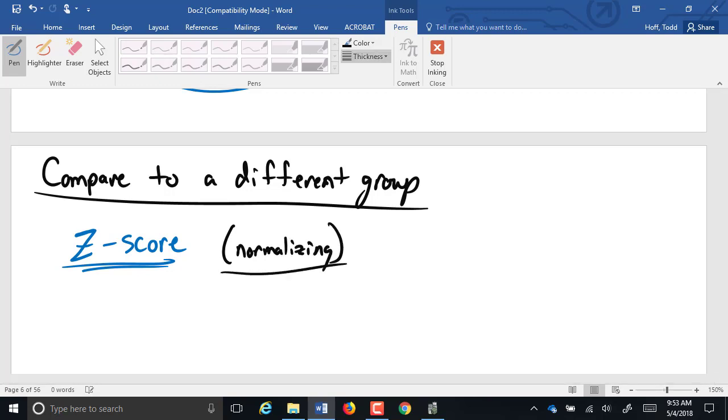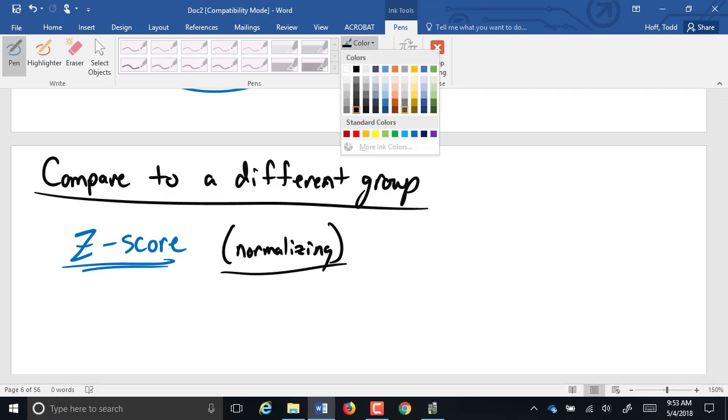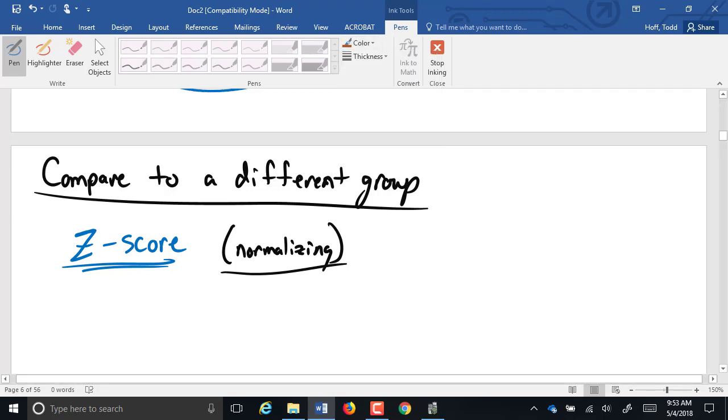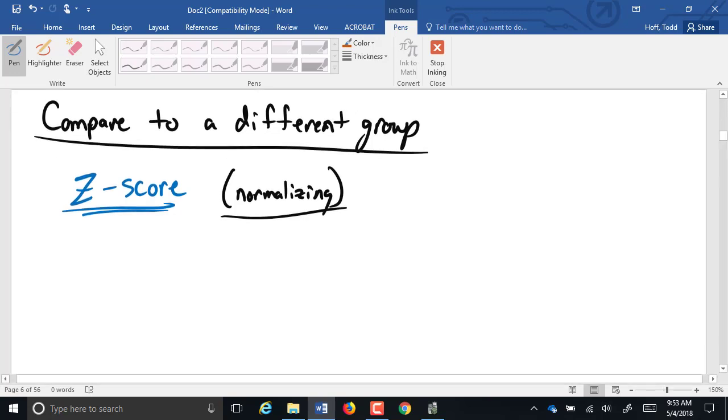If you ever hear that term in a research study, normalized data, this is what they've done to it. Your norm reference tests that you took in high school, the Wisconsin state tests, they normalize the data. What a z-score is for an individual value, it is that number minus the mean of that set of data divided by the standard deviation of that set of data.